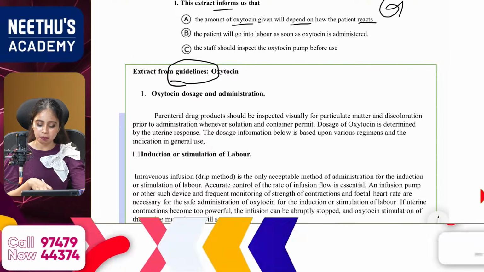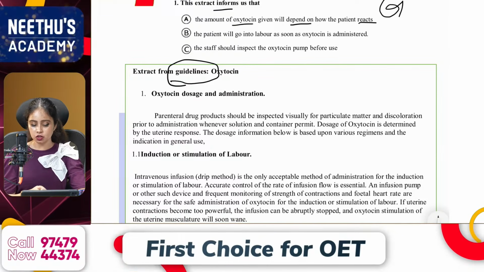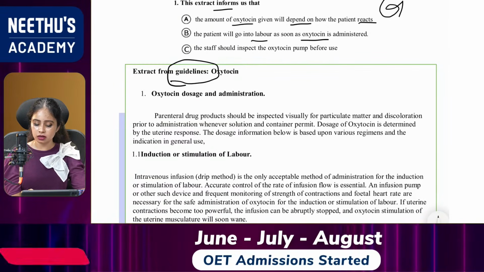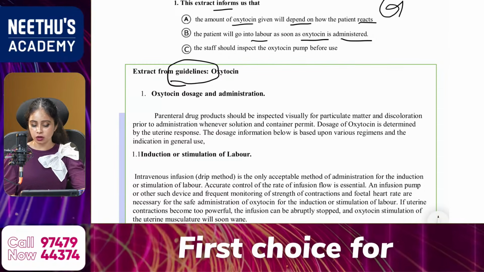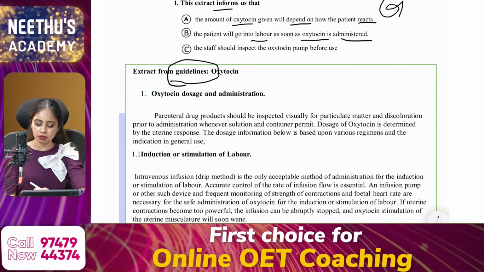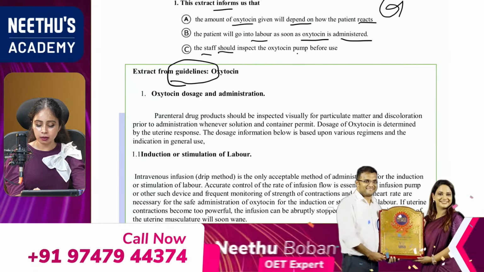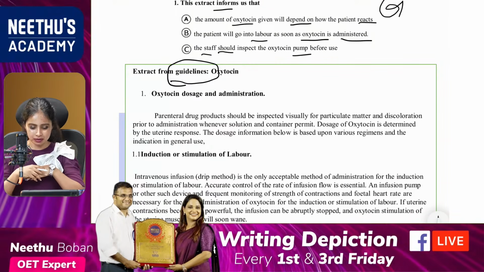Option B, the patient will go into labor as soon as oxytocin is administered. My keywords: labor, then again oxytocin, administered. Option C, the staff should inspect the oxytocin pump before use. My keywords: staff, should, then pump. So what are your keywords? Let me know in the comment.